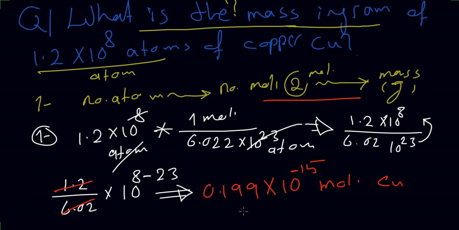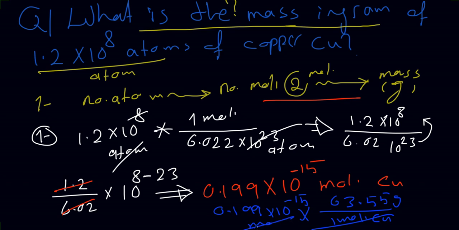Now you will have this number 0.199 10 to power minus 15 mole multiplied by its molar mass. Okay, 1 mole of copper is equal to 63.55 gram. Mole and mole cancelled.